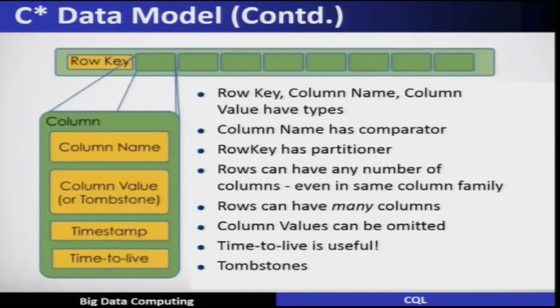Let us consider one row of the column family. Here the row contains the row key, and further every column contains the name of the column, then column value or a tombstone, then timestamp and time to live.